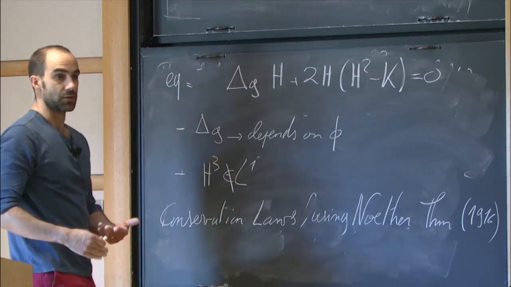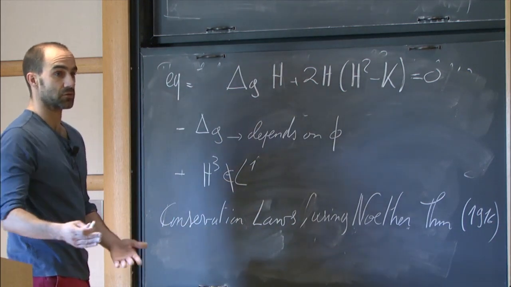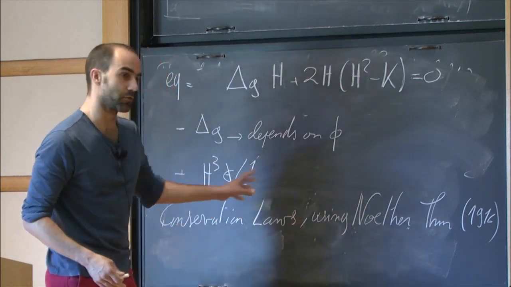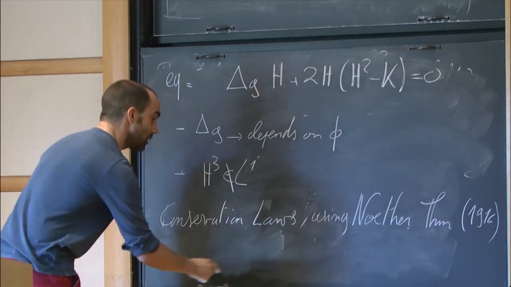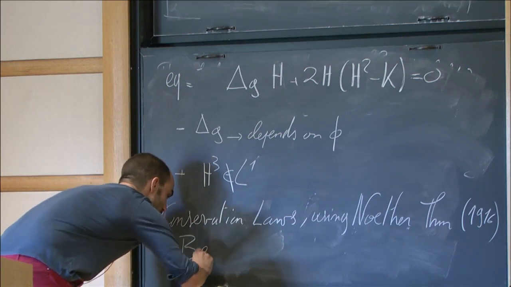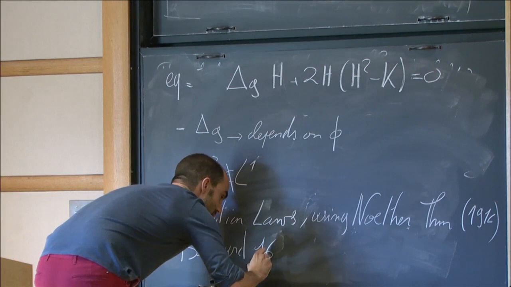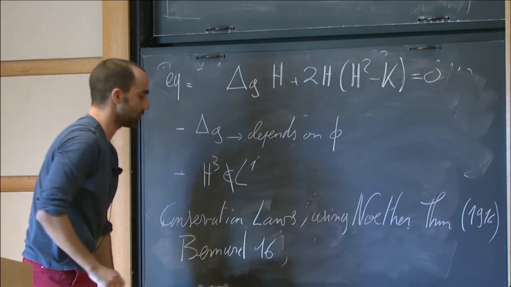I made a big computation, and at the end there is a miracle: a divergence-free quantity appears. But in fact, there is no miracle. It's just the conformal invariance that gives it. And this is done in a nice paper of Bernard that appeared two years ago.